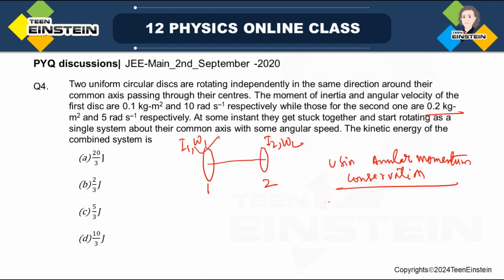Initially it was I1 omega 1 plus I2 omega 2, right? The final one will be I1 plus I2 into omega. So these are two equations.